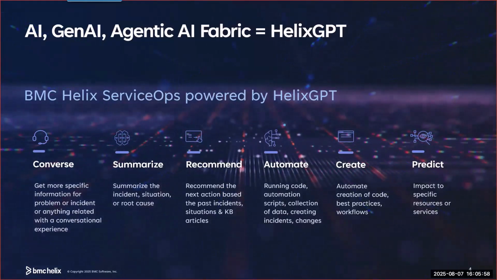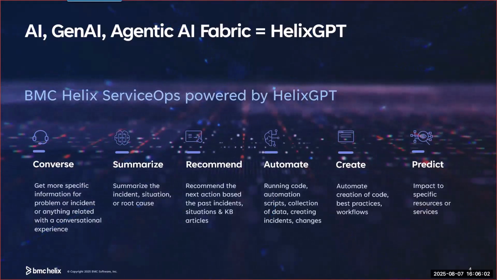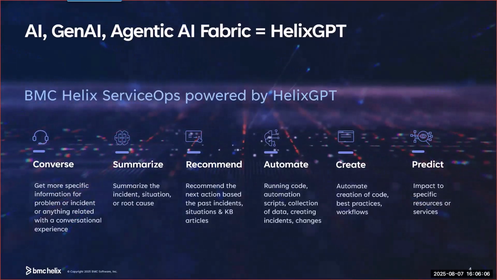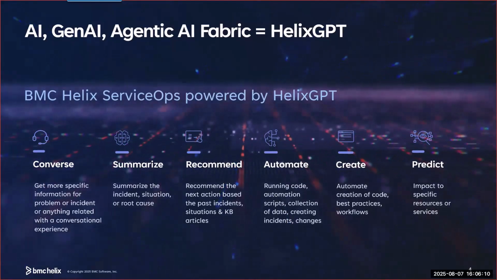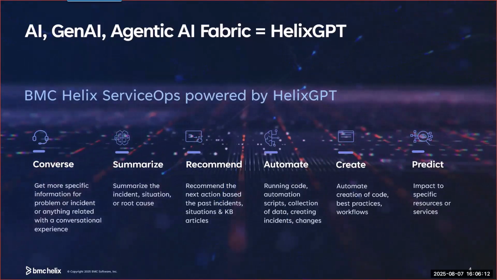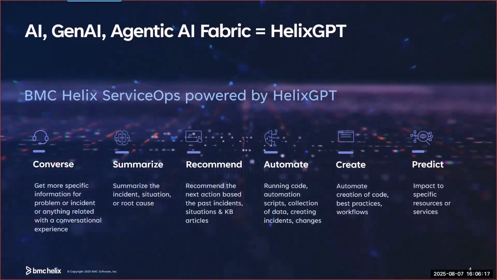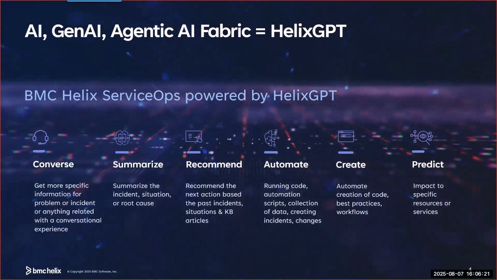The Helix GPT AI Fabric leverages agentic AI, and it delivers a fully connected end-to-end service ops conversational experience. It enhances the user experience by allowing employees to ask questions like, "What is my company's vacation policy?" And it provides real-time summaries for help desk agents as well as site reliability engineers.